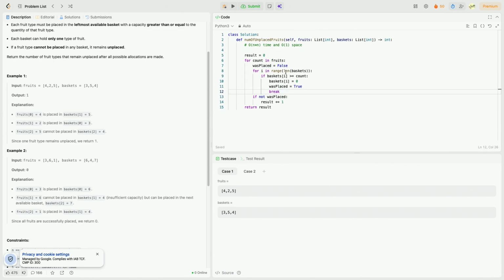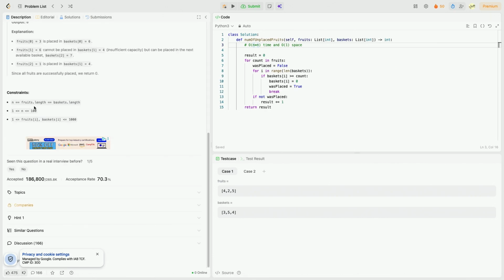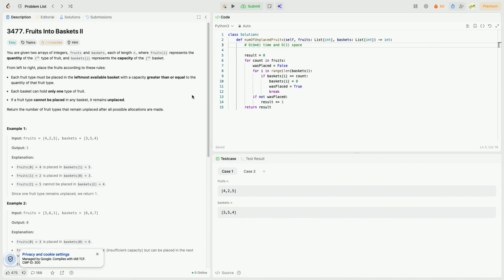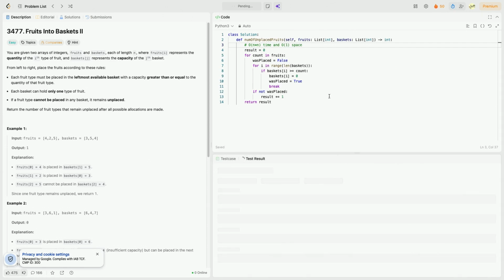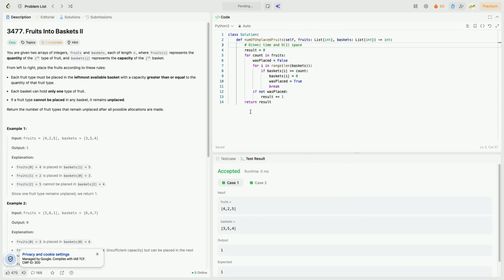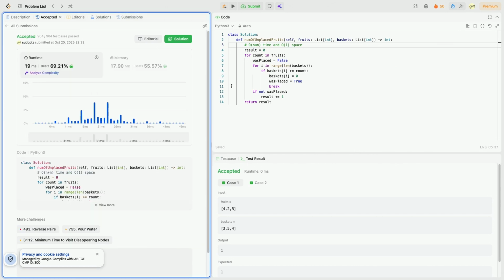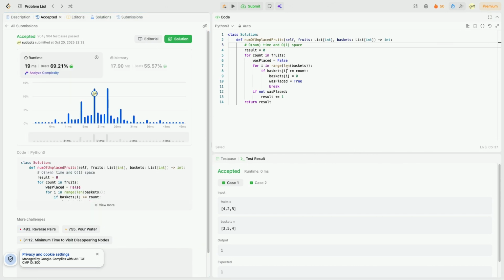Outer loop is O of n, inner loop is O of n. They're both the same, so it's n squared, right? I think that would be a brute force approach. Let's see if that even works. It passes the test cases, and let's see what happens when we submit this. Okay, so that also works.